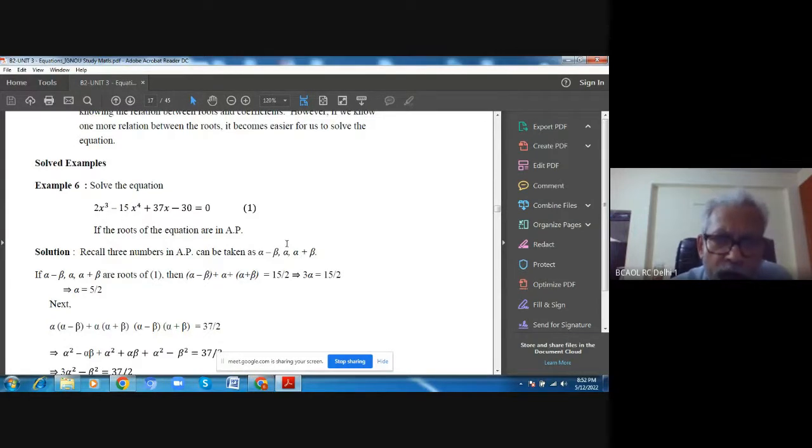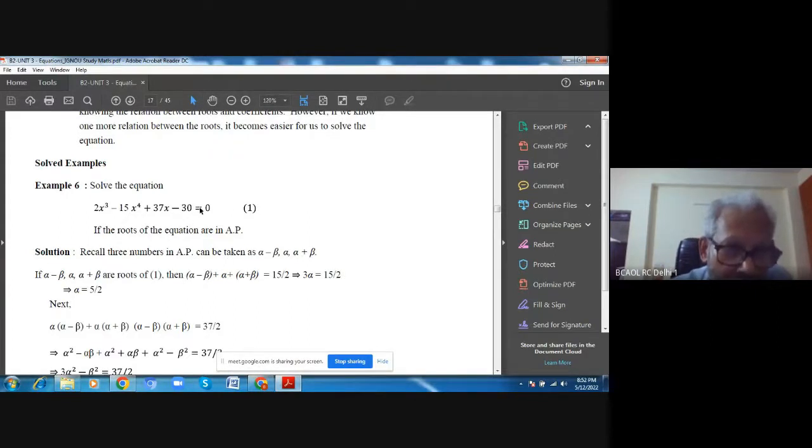We are getting 15 by 2 because we are just combining quadratic equation and arithmetic progression, because the question is given this way.